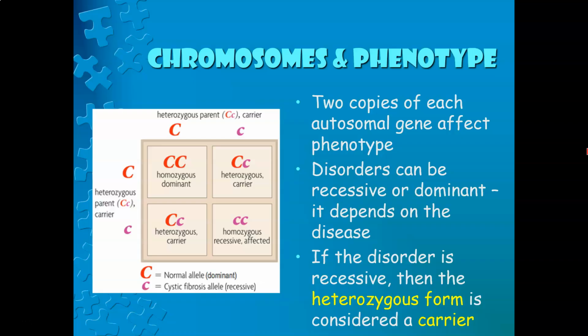So if we talk about some sort of disease like cystic fibrosis you see here in the diagram, you need 2 recessive characteristics, 2 mutated traits, in order to show that particular disease, because this is a recessively inherited trait.